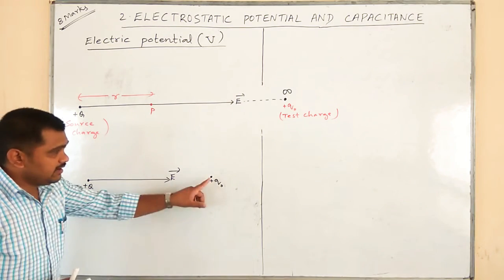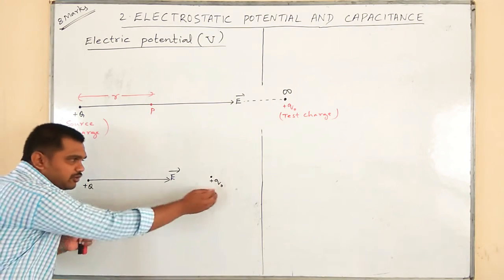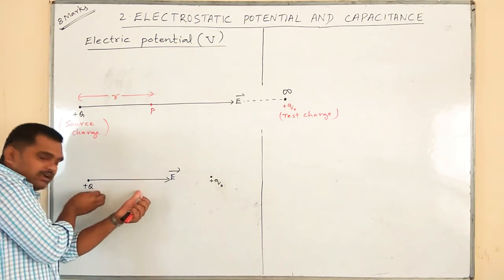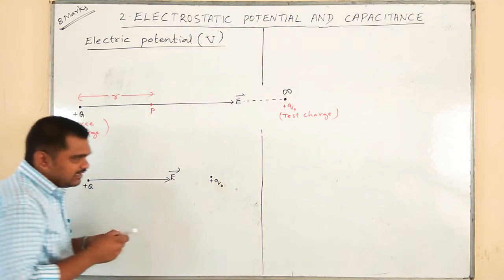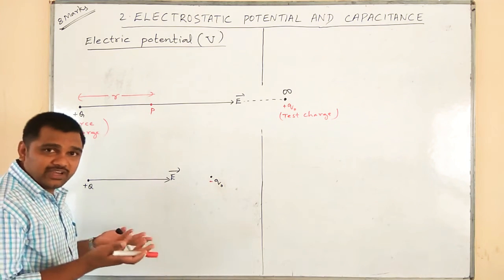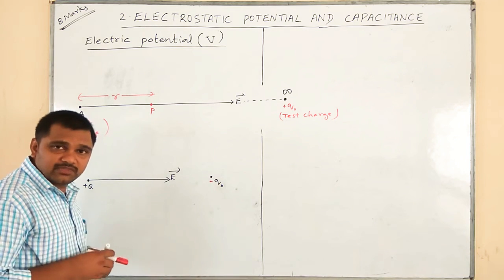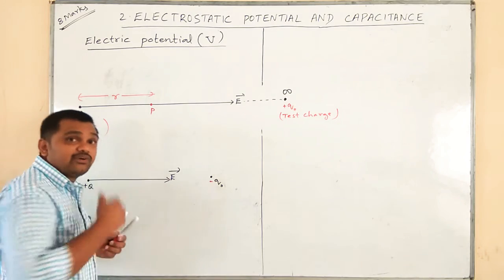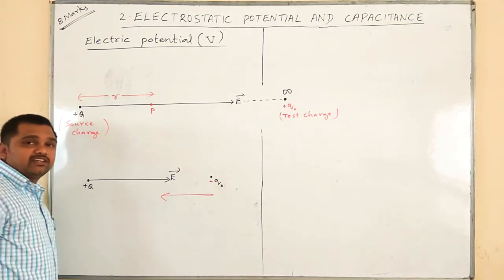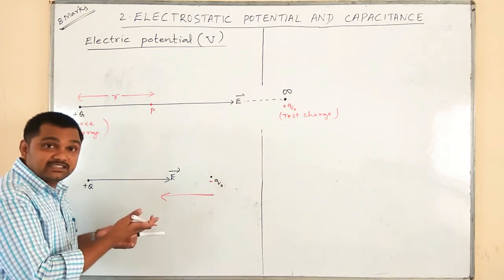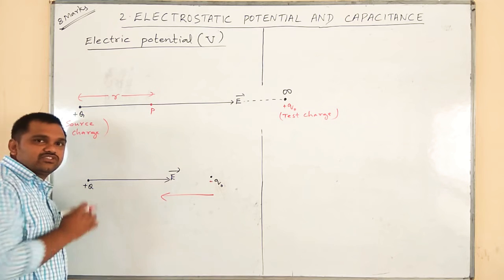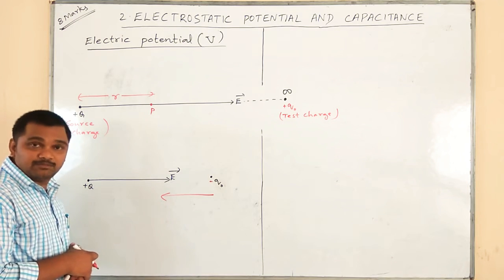We have to push it in order to bring it towards this plus Q. Otherwise, suppose if it is minus Q naught, then we need not do anything, because no work is required here. Because of the force of attraction only, it will come towards this positive charge. Therefore, work done by us is 0. Here, everything is handled by this source charge, the force of attraction, isn't it?